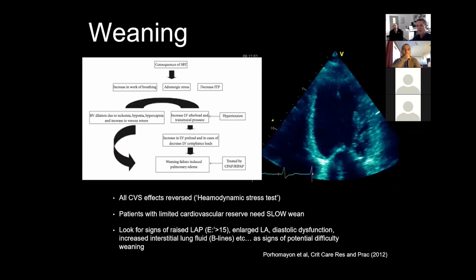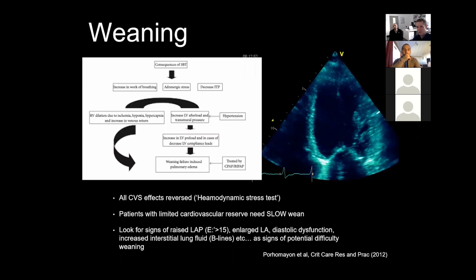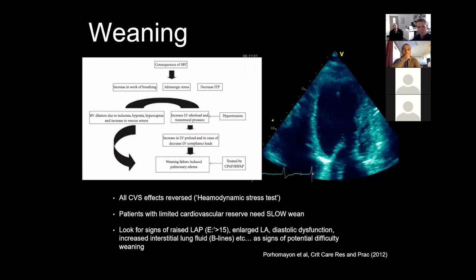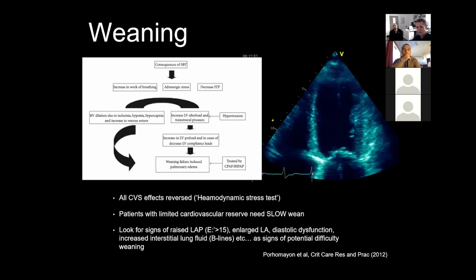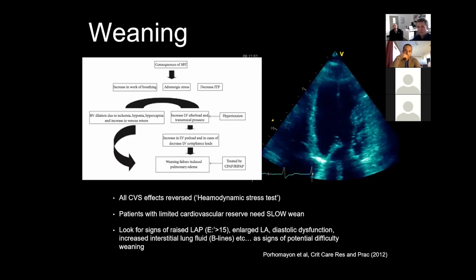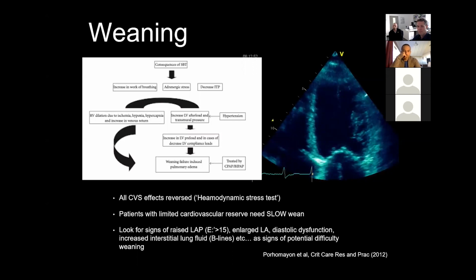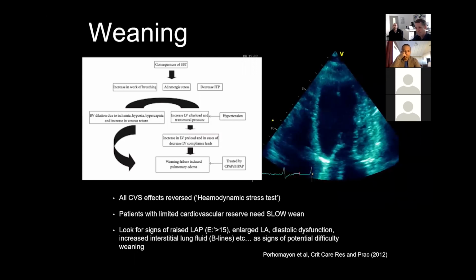So I think lung ultrasound is really, really useful when we're talking about taking patients off ventilators, looking for increased interstitial fluid. Again, a little plea about lung ultrasound: just because you've got B lines doesn't mean you've got raised left atrial pressure. There are lots and lots of reasons for B lines, not least a pneumonitis. But one of those causes can, of course, be fluid that we drown our patients in often.